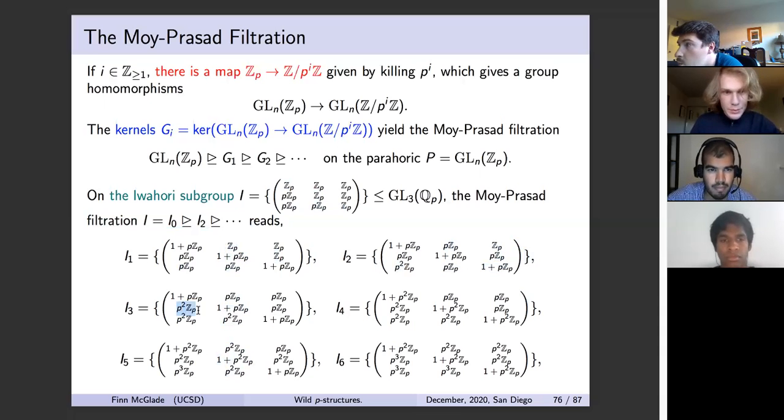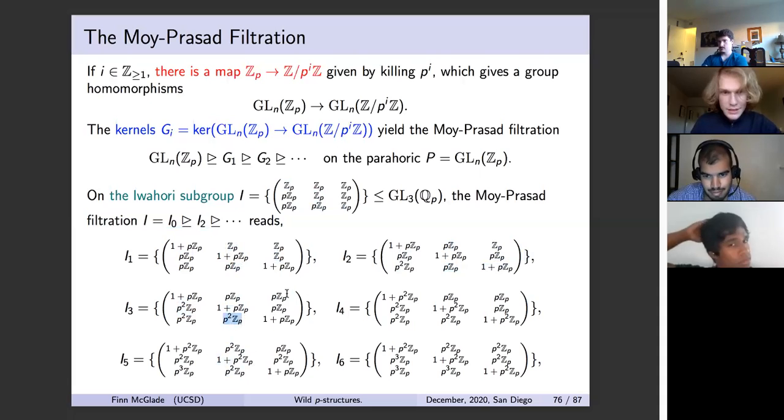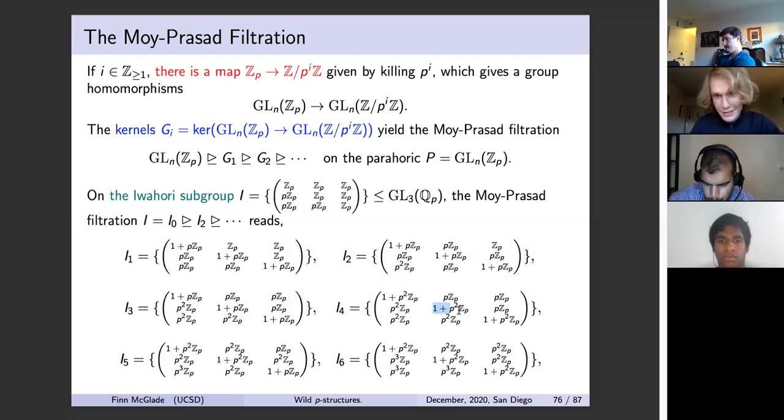Then for the next step, you do it again, but this time you add p's up here. So you go from having a pZ_p to a p squared Z_p, and the pZ_p becomes a p squared Z_p, and then there's a pZ_p here, whereas before there was only a Z_p there. Then this wave of p's goes up again, hits the diagonal, and 1 plus pZ_p goes to 1 plus p squared Z_p, and so on.